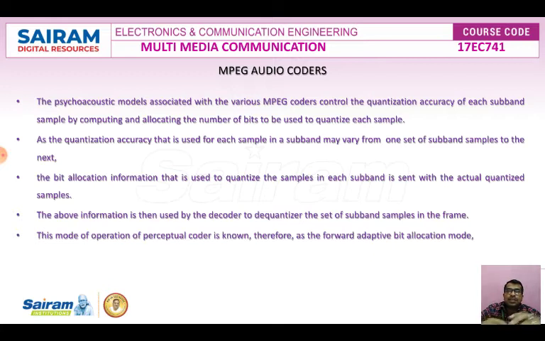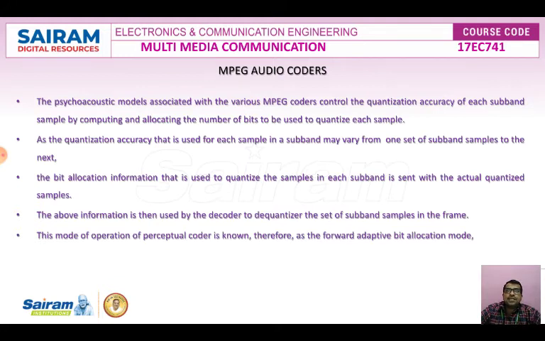accuracy of each subband sample by computing and allocating the number of bits to be used in the quantizer of each sample. The quantization accuracy used for each sample in a subband may vary from one set of subband samples to the next.